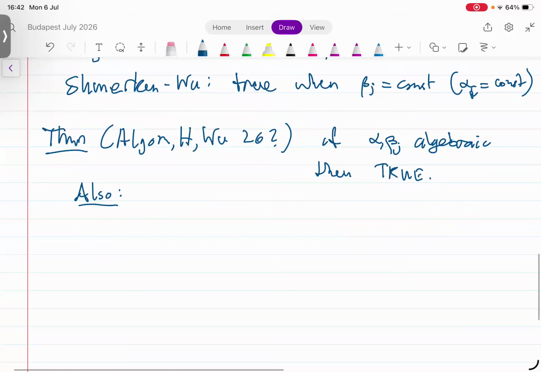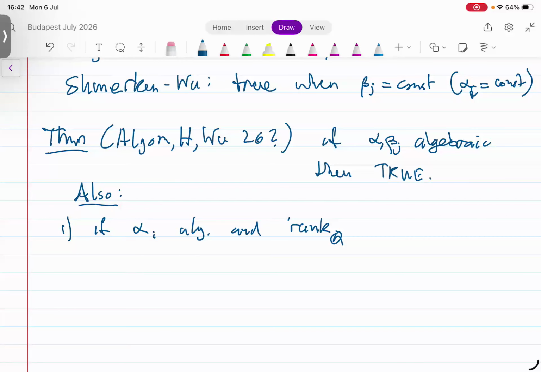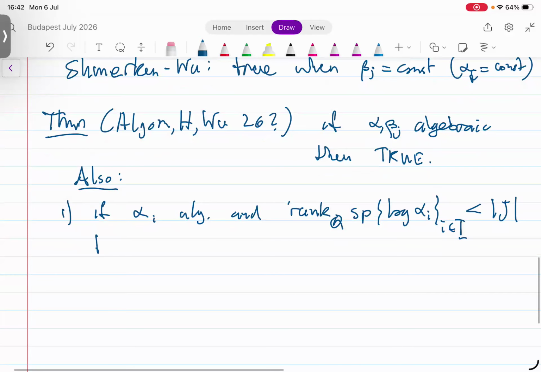So actually, we can show that if the alphas are algebraic, and if you look at the Q rank, the rank as a Q vector space of the span of the log alpha i's, and if the Q rank is less than the number of maps that generate y, then it's true.